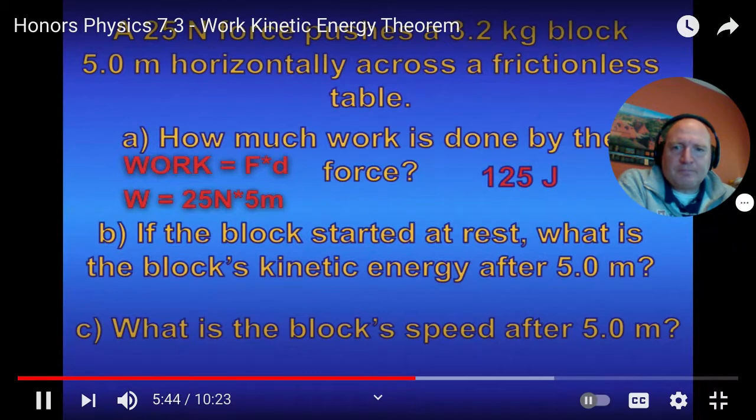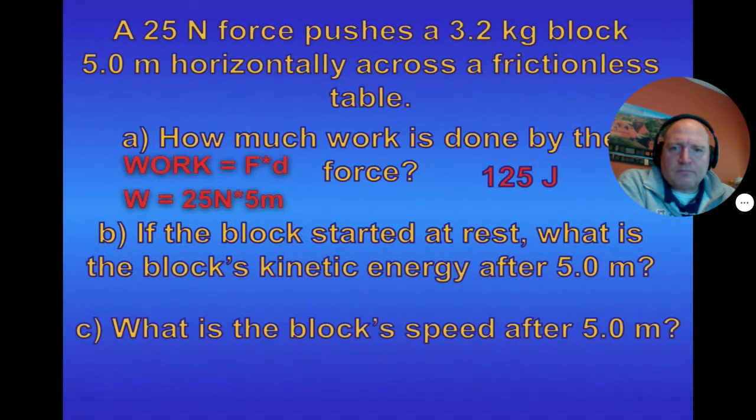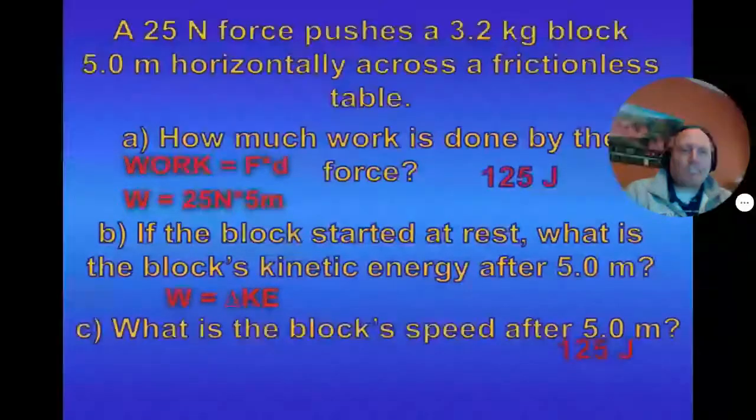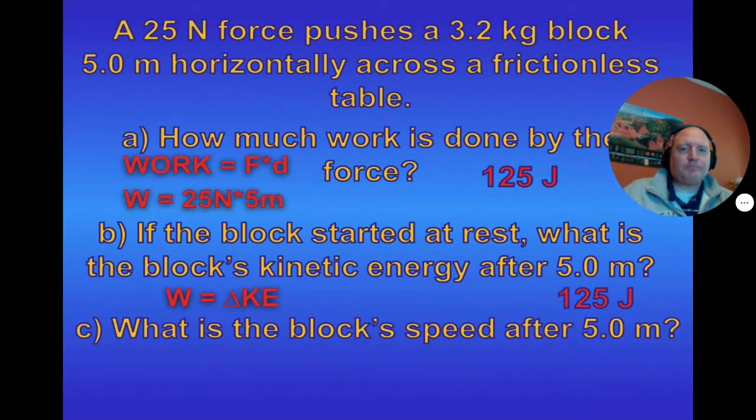If the block started at rest, what is the block's kinetic energy after 5 meters? If the block starts at rest, it starts with 0 kinetic energy, no energy of motion. We know that work is equal to a change in kinetic energy, so that positive work from part A is increasing the kinetic energy by 125 joules, so that block now has 125 joules of kinetic energy.